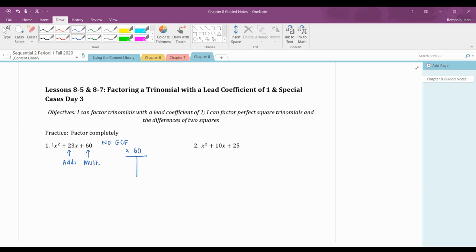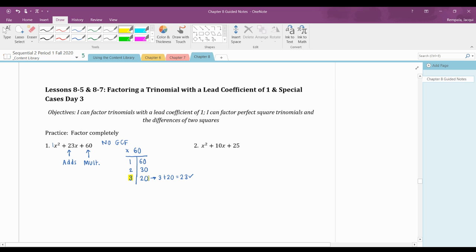There are several different ways to multiply to 60, but we need to get to 23. 1 times 60 multiplies to 60, but those two numbers will not add up to 23. 2 times 30, once again, will not add up to 23. 3 times 20 is 60, and 3 plus 20 gets me that middle number of 23.